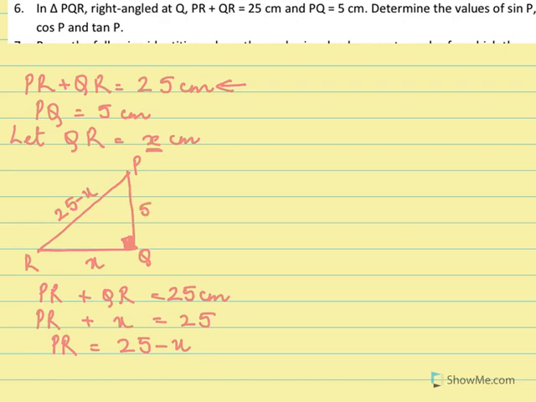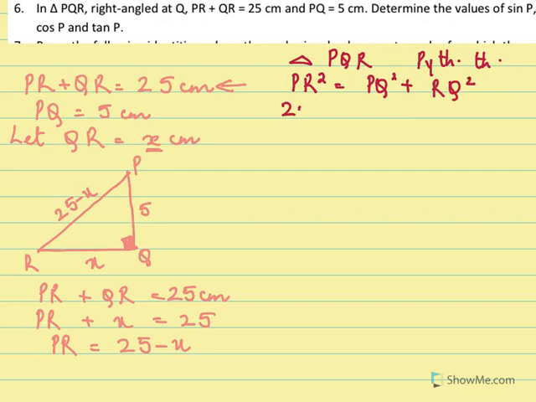PQ they've given is 5. Now I'm going to use Pythagoras theorem. So in triangle PQR, by Pythagoras theorem we have PR square, hypotenuse square, equal to PQ square plus RQ square. Now PR is 25 minus x the whole square. PQ is 5 square and RQ is x square.